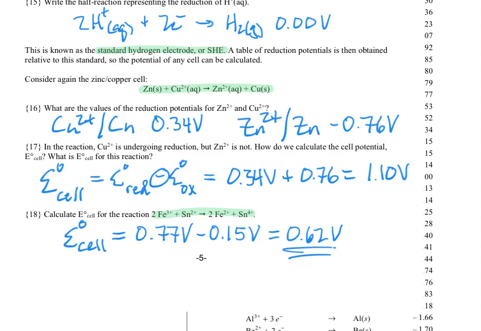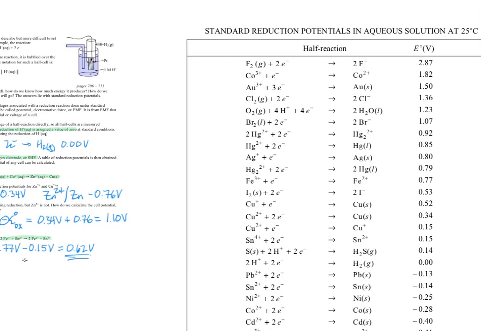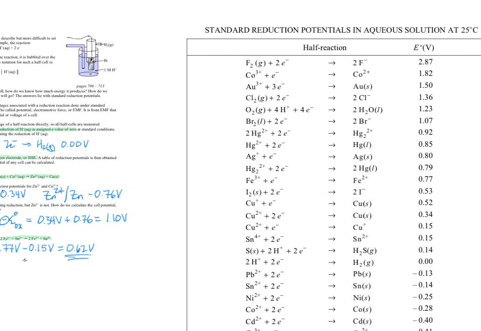All right, let me go back to the chart and talk about the issue of not multiplying the half reactions by any balancing coefficient. So we saw in that iron example there were 2 Fe3s, but I didn't multiply that 0.77 volts by a factor of 2. That is because these potentials are what is referred to as an intensive property.